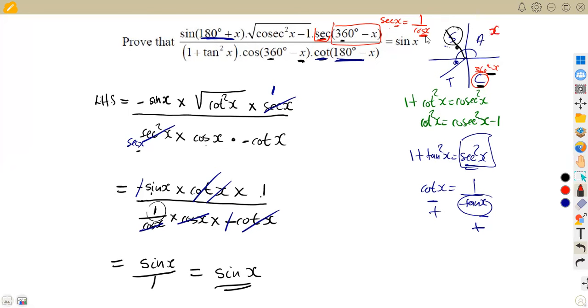In the first quadrant, it's just x. In the second quadrant, it's 180 degrees minus x. In the third quadrant, it's 180 degrees plus x. The fourth quadrant, it is going to be 360 degrees minus x. So these are the ones that you need to understand or to know.